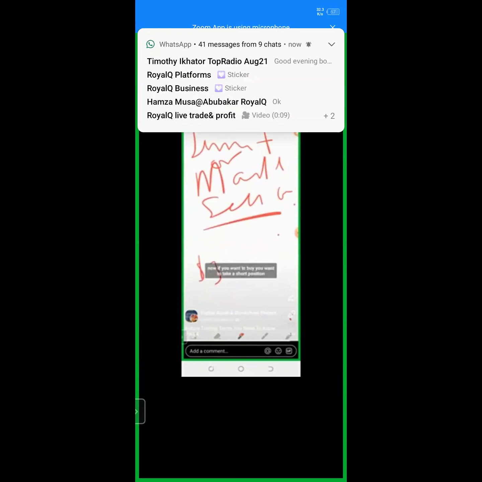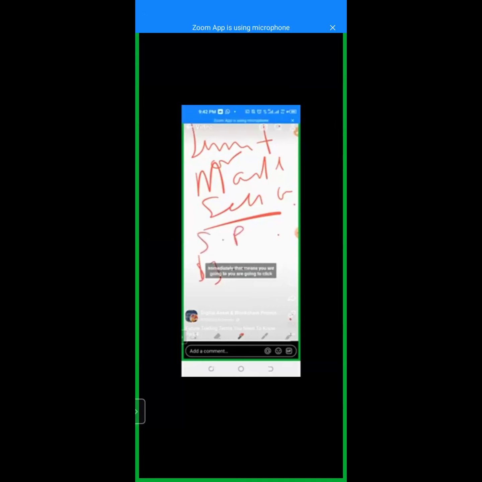Now, if you want to take a short position immediately, that means you are going to place a market sell order at this current price. You enter immediately at this current price. That is market sell order. You want to place the order at the current price if you are taking short position, knowing that the coin is going to go down.